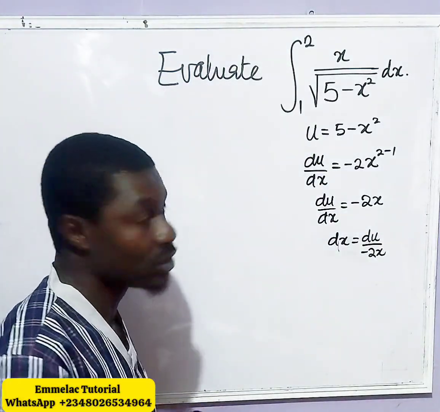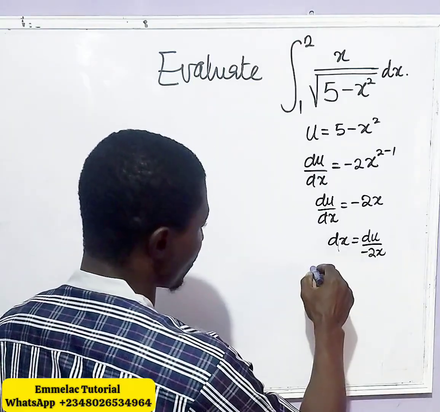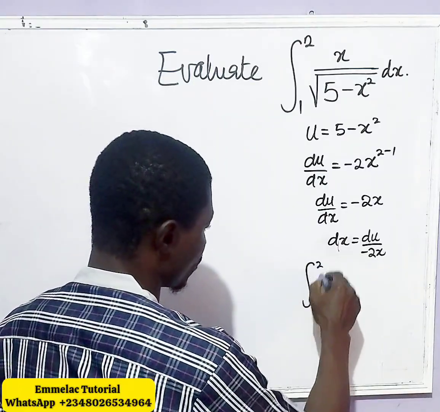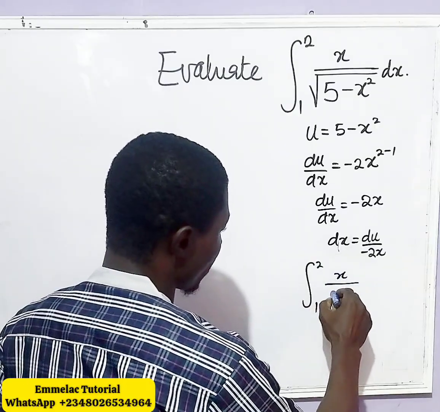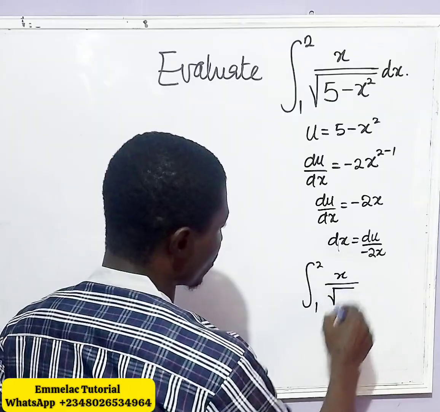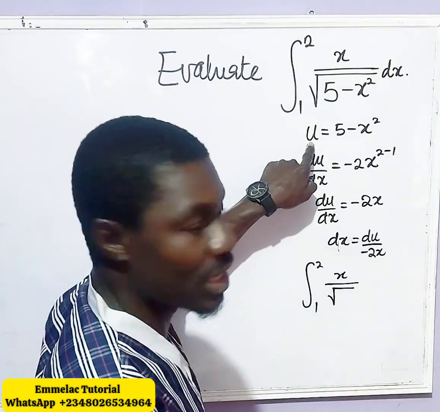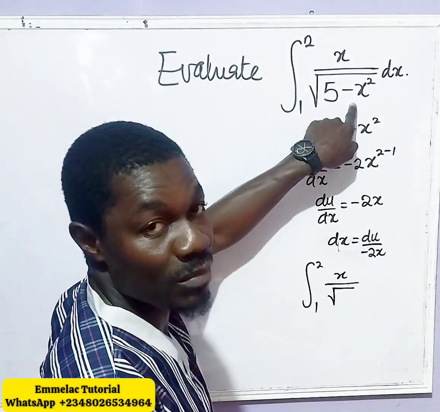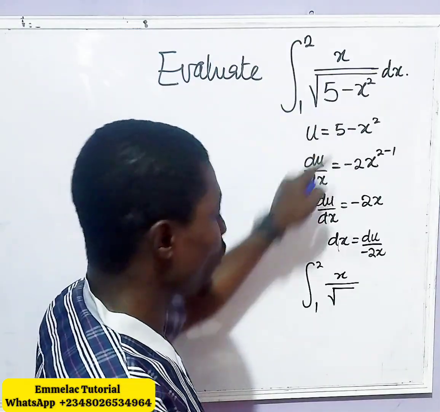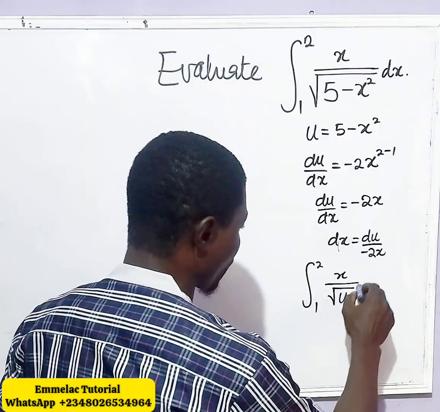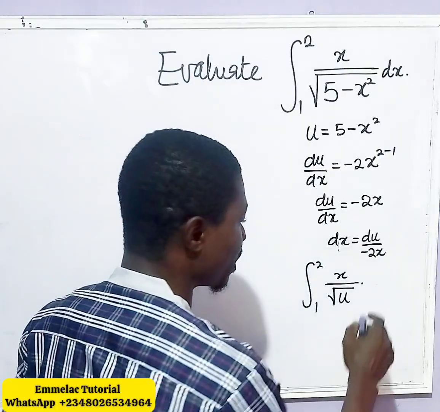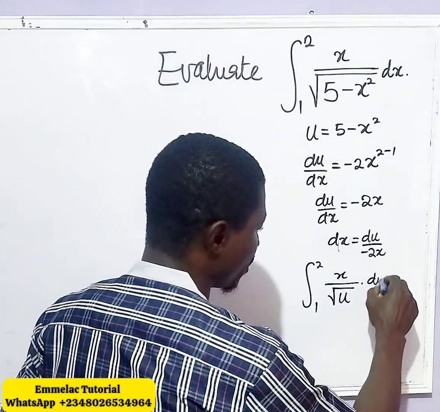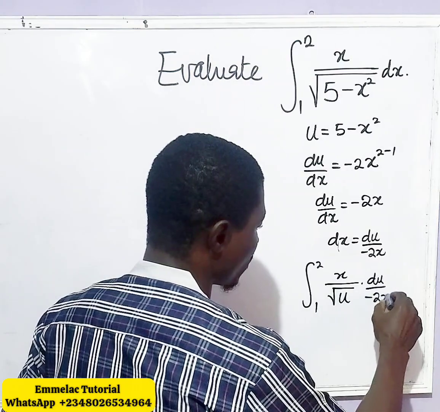So our new integral becomes the integral from 1 to 2 of x all over the square root of u, where u replaces the whole of 5 minus x squared, times our dx, which becomes du all over negative 2x.